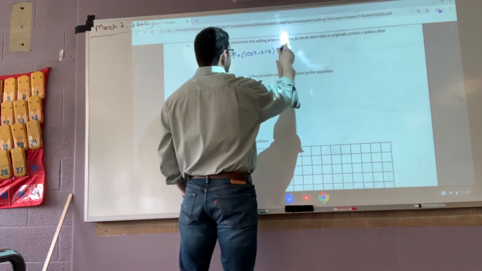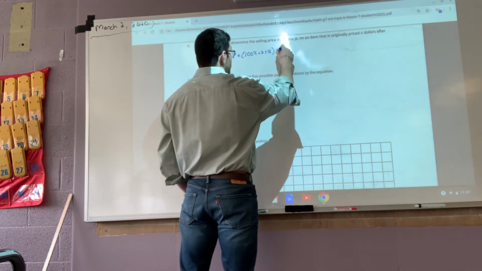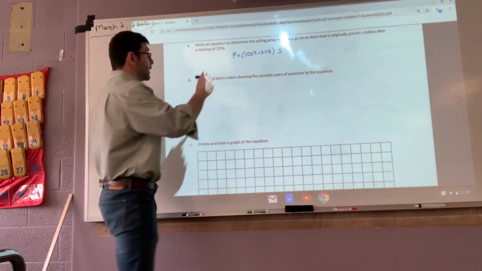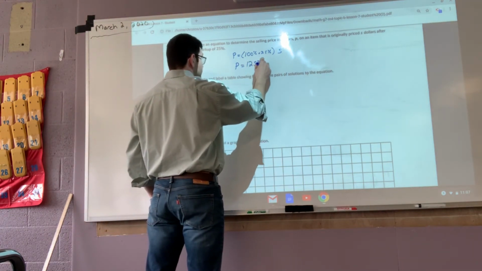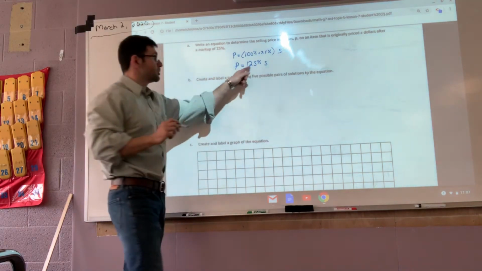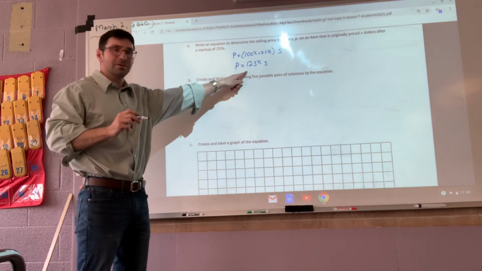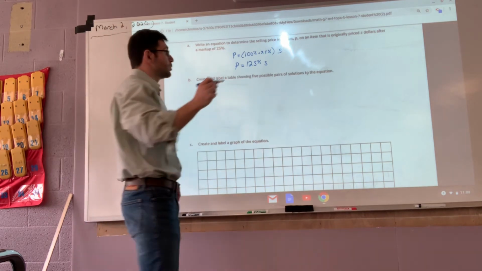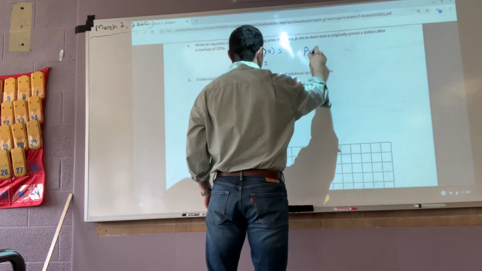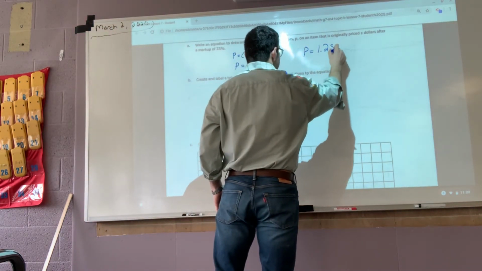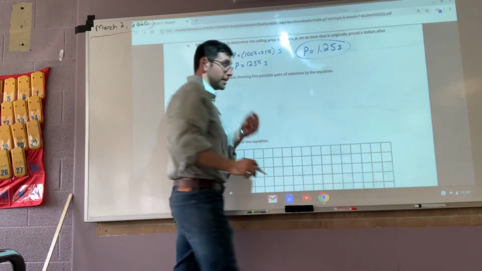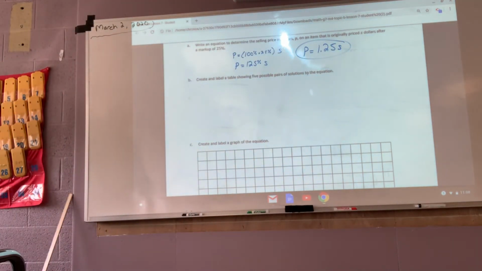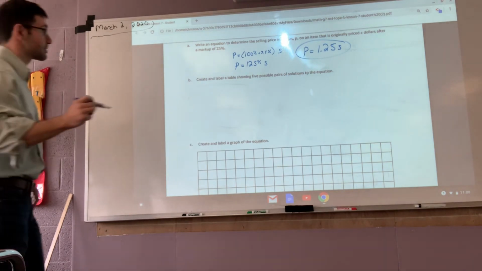And then we're multiplying it by S, which was the original. So my equation now says P equals 125% S. Do we want the 125% though? No. We want this as a decimal. So P equals 1 and 25/100 S. There's my equation. So now how can I use this?